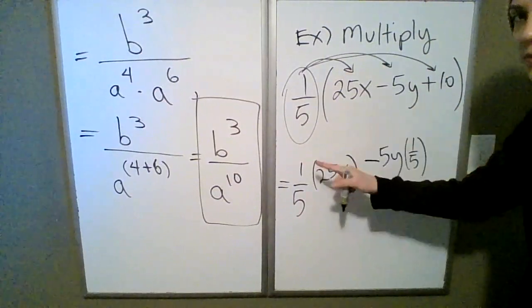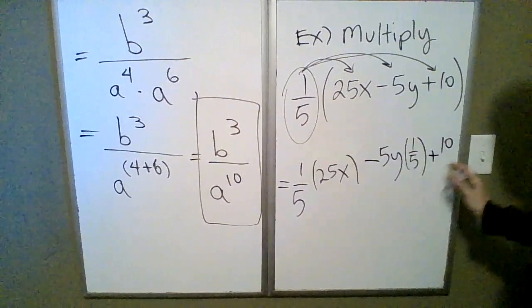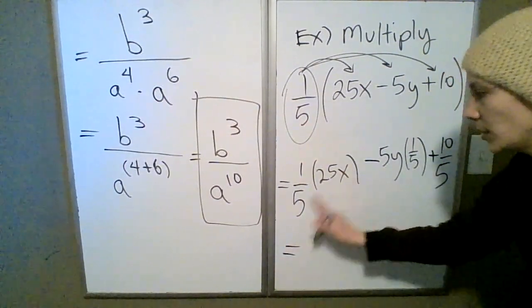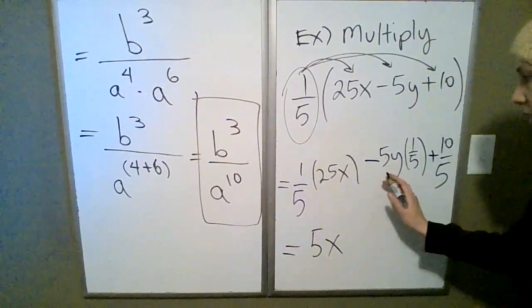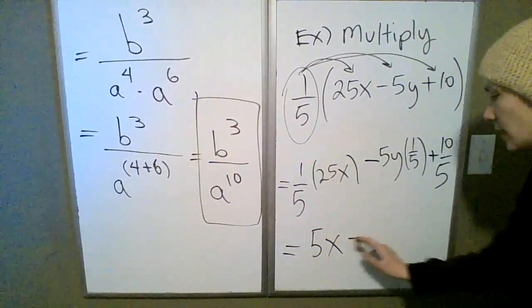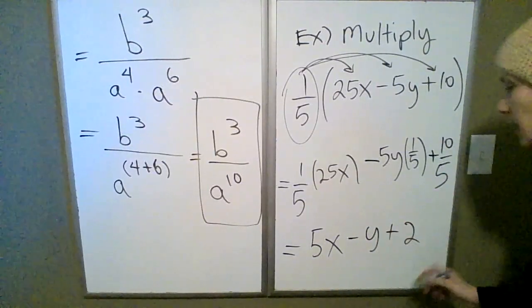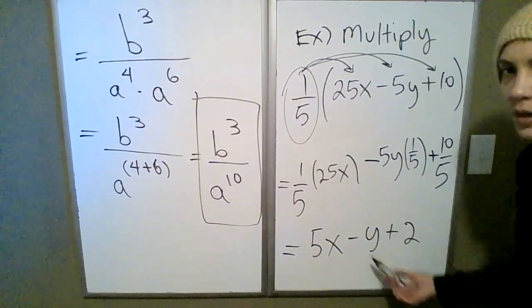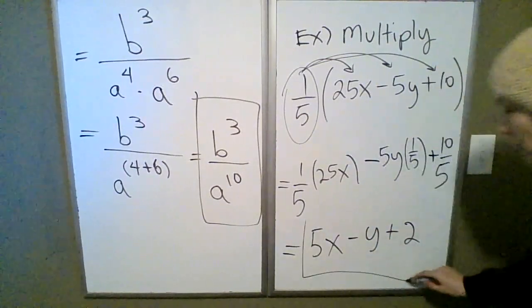Add 10 times 1/5, which I'm going to put just the 10 over 5. So this would be 5x. Subtract y. Add 2. If you had any like terms, you'd want to combine them, but this is a x value, a y value, and some number, so we can't combine like terms. Just leave it like that.